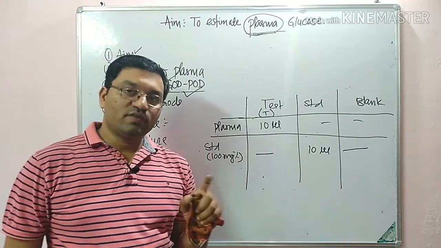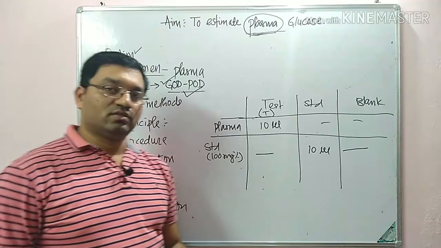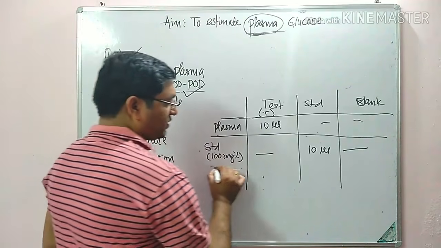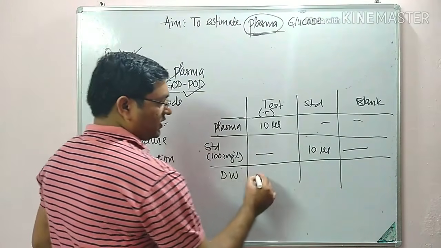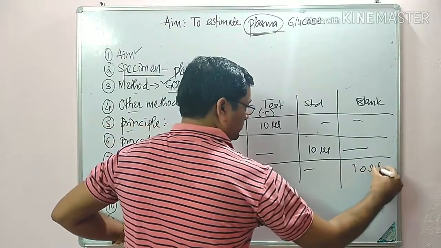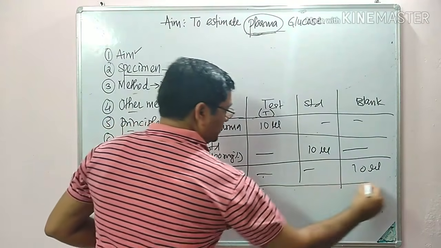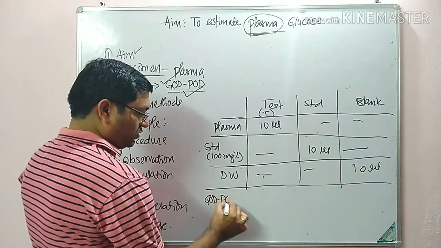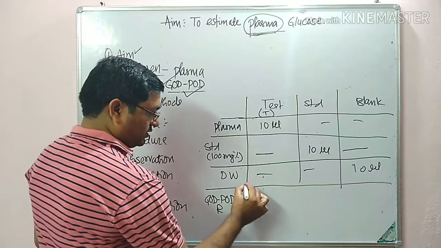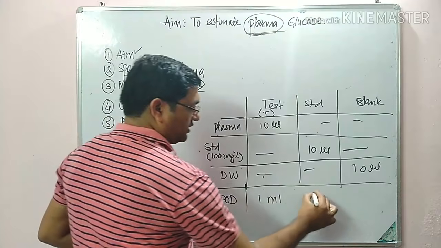Standard means the solution with known concentration, which is used for comparison of result. And distilled water 10 microliter in the blank. And working GOD-POD reagent, 1 ml in each tube.